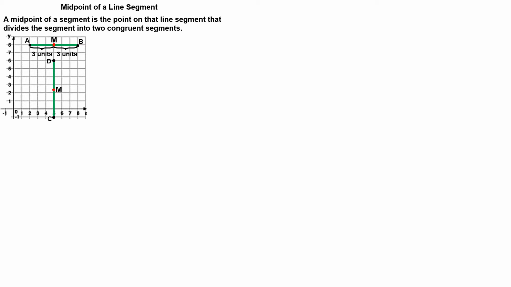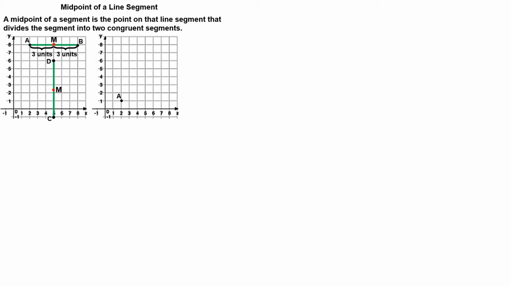If the segment lies diagonally across the coordinate axis, more thought will be needed to find the midpoint. Pay attention. The point A has coordinates 2 and 1. Point B has coordinates 8 and 7.